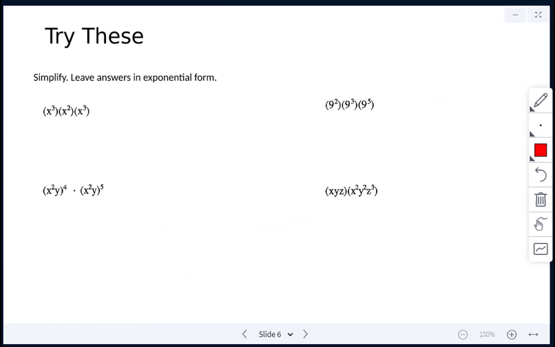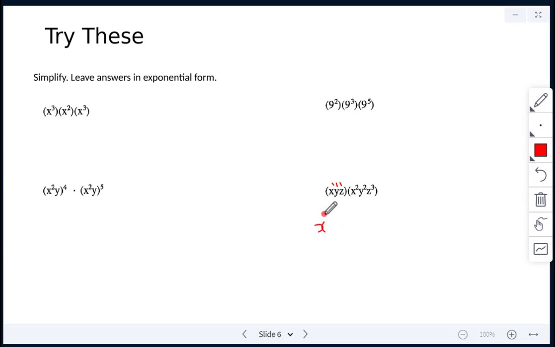All right, so for our last example here, we've got x, y, z, and then we have x squared, y squared, z cubed. They are all being multiplied together. So we're going to take our x. Just remember that's x to the power of 1, y to the power of 1, z to the power of 1.